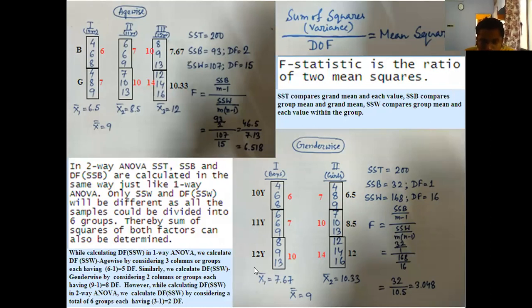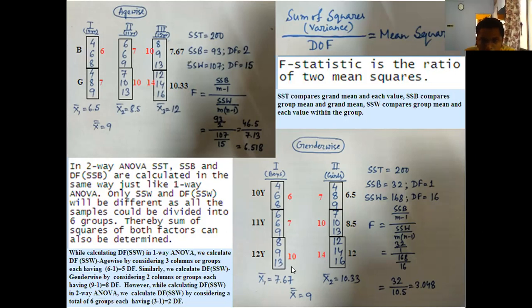From this mean 7.67, you are subtracting each of the elements. 7.67 minus 4 whole square plus 7.67 minus 6 whole square plus 7.67 minus 8 whole square plus 7.67 minus 6 whole square, and in this way, then plus 10.33 minus 4 whole square plus 10.33 minus 8 whole square plus 10.33 minus 9 whole square plus 10.33 minus 7 whole square.